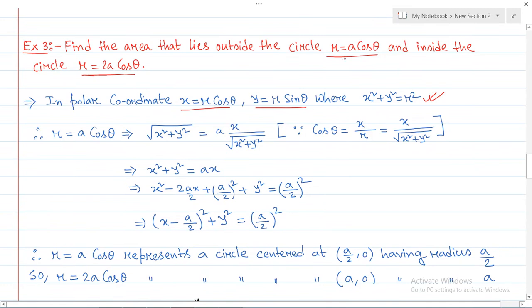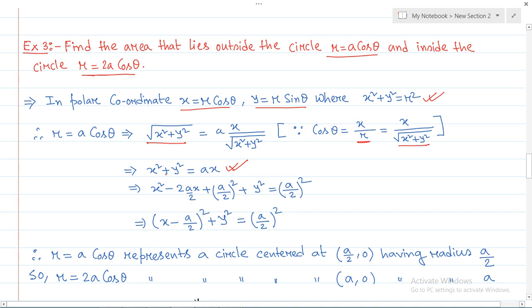Now if we put r equal to a cos theta, r equals root over of x square plus y square equals a into cos theta. What is the value of cos theta? Cos theta equals x upon r, and r equals root over of x square plus y square. So we get root over of x square plus y square equals a into x upon root over of x square plus y square. We have just cross multiplied it, and we get x square plus y square equals ax.